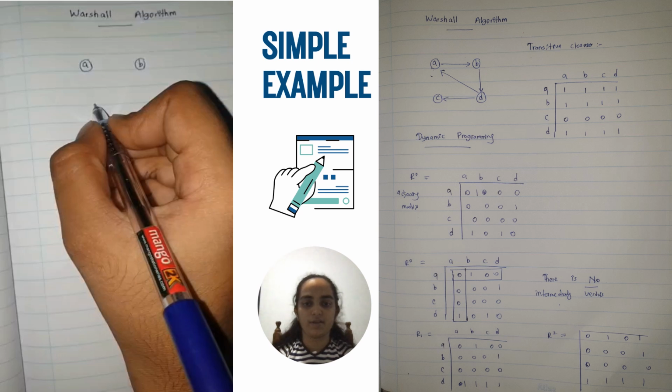If there is a direct edge, we put a 1. If not, it says 0. So here, A to A is 0. A to B is 1. A to C is 0. A to D is 0.